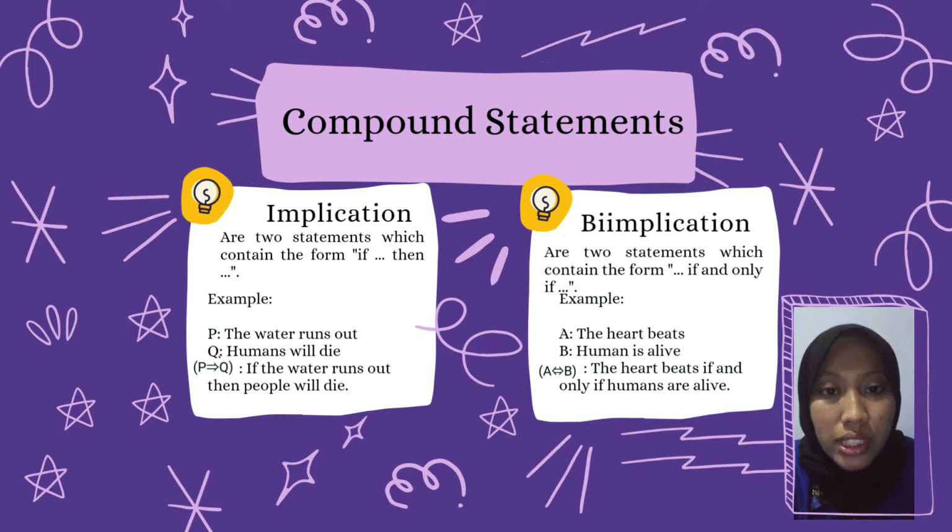The fifth compound statement is bi-implication. Two statements which contain the form blah blah blah if and only if blah blah blah. For example, statement A, the heart beats. Statement B, human is alive. So, A bi-implies B is the heart beats if and only if humans are alive.